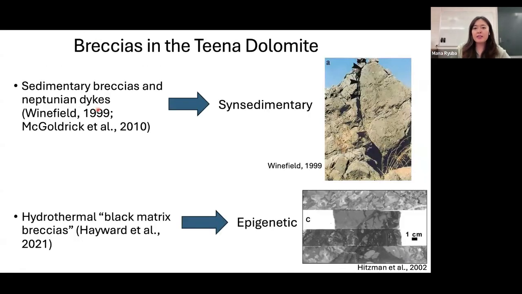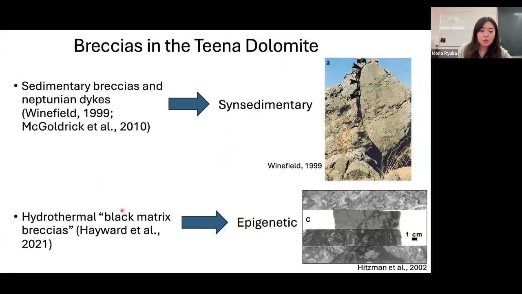Breccias have been previously documented in the Teena Dolomite. Peter Winefield wrote about it quite a bit in his PhD thesis, and that would be a sedimentary origin for these breccias. However, more recently, these breccias have been interpreted to be of a hydrothermal origin.